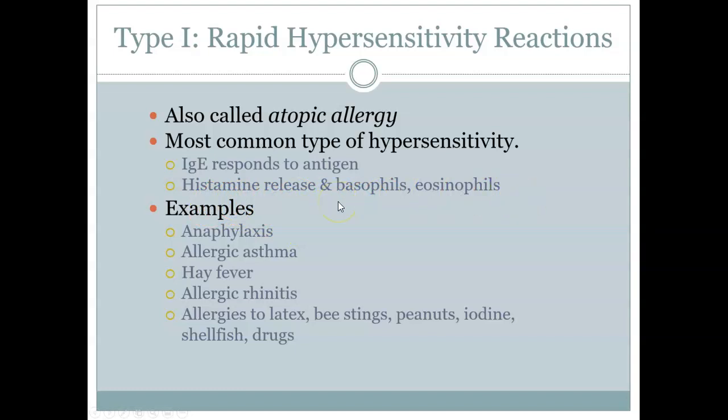I can start swelling, I can start having severe shortness of breath. Anaphylaxis is when a person has an allergy to the extent that it closes off the person's airway and they can't breathe in response to that reaction.